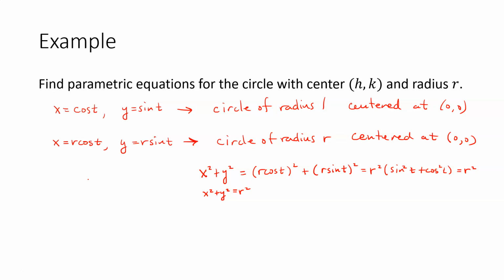And by the same trick here, if I wanted to get a Cartesian equation that has a center at (h, k), well, we want it to be of the form (x minus h) squared plus (y minus k) squared equals r squared. That's going to give us a circle with a center (h, k) with a radius of r.